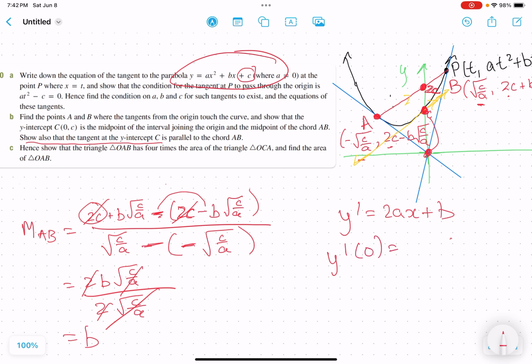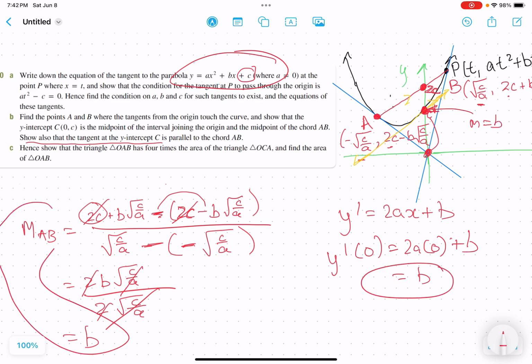So if I put 0 in, of course, that first term just becomes 0, and I get left with b. So the gradient of the tangent at that point right there is also b. So we've got b, and the gradient of the chord AB is b. So those gradients equal each other. So the tangent at the y-intercept C is parallel. Those gradients, I could call them M1 and M2, they're equal, so they're parallel.